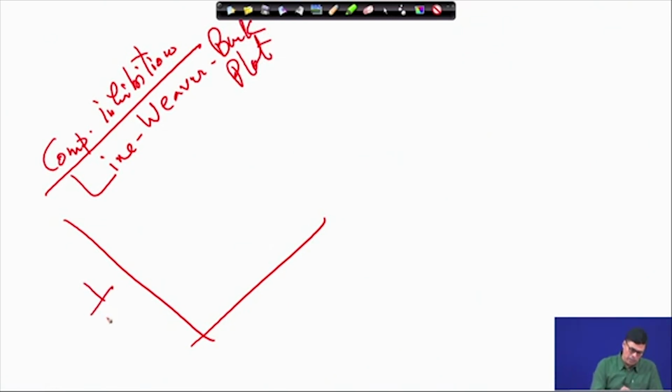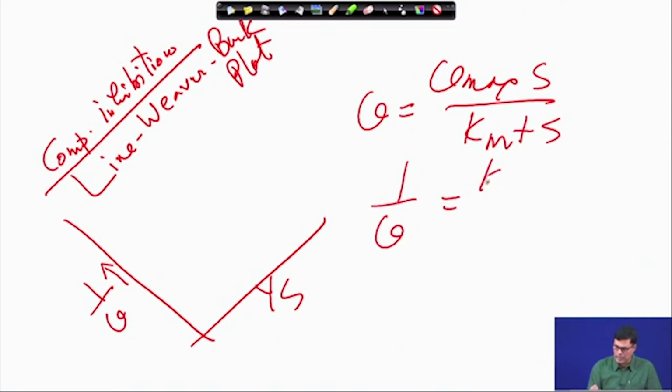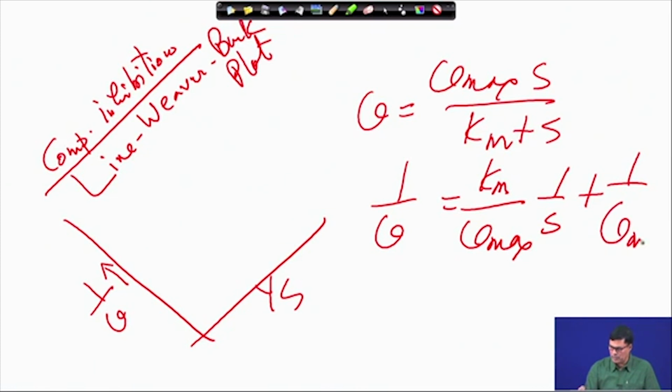This is nothing but 1 by V versus 1 by S. Am I right? The Michaelis-Menten equation is V equals Vmax S over Km plus S. If you write 1 by V, then we can write it as Km by Vmax times 1 by S plus 1 by Vmax.